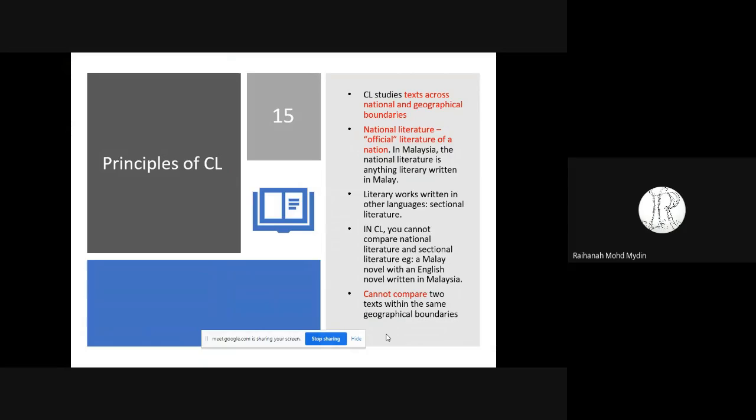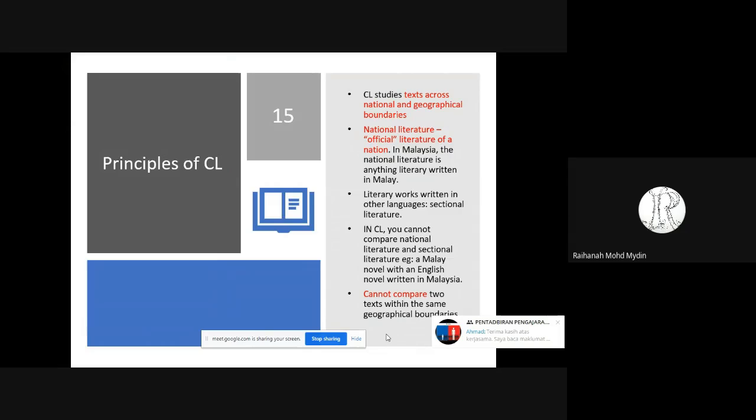So when we talk about Malay, it's the biggest community in this country, the biggest race in this country is the Malays. And the language written in Malay is considered the national literature. So if you're a Chinese and you write a literary work in Malay, your work is considered national literature. If you're an Indian and you write your work in Malay, your text can be considered national literature. Okay, so the language used, the medium, is important in the way Malaysia defines national literature.